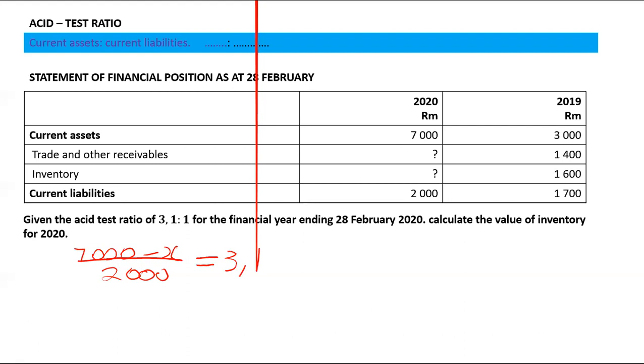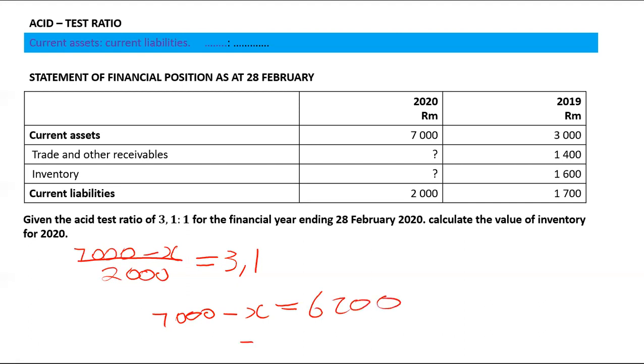Now to solve for X here, what would you do? Multiply 3,1 by 2,000. How much does it give you? We get 6,200.